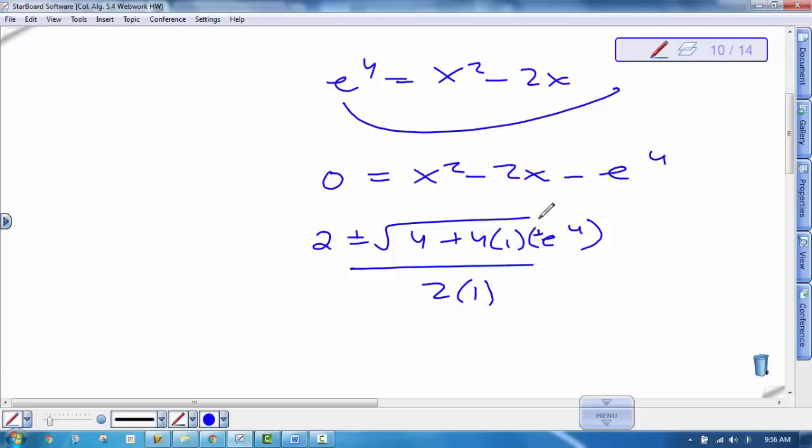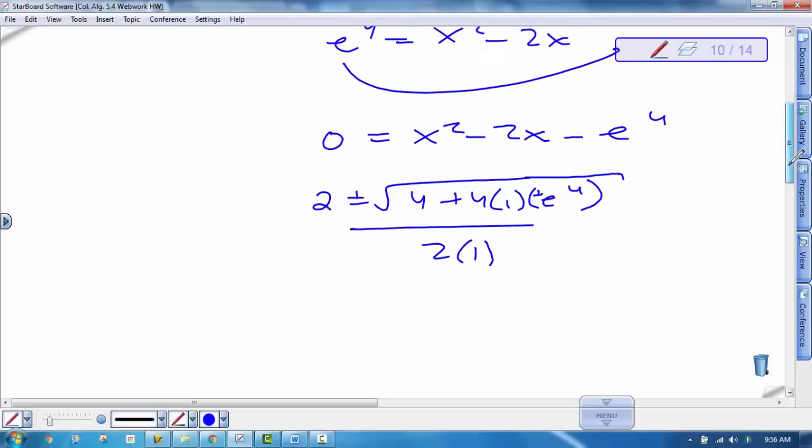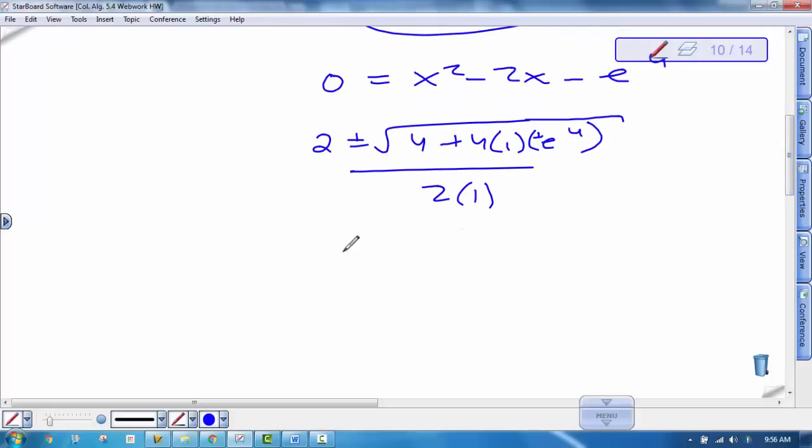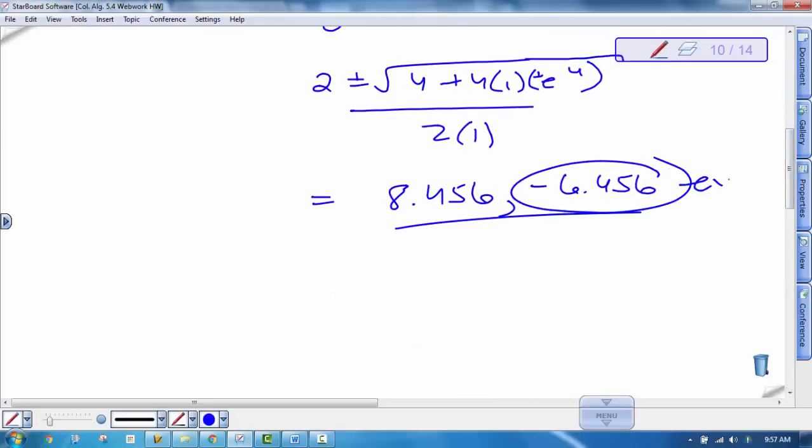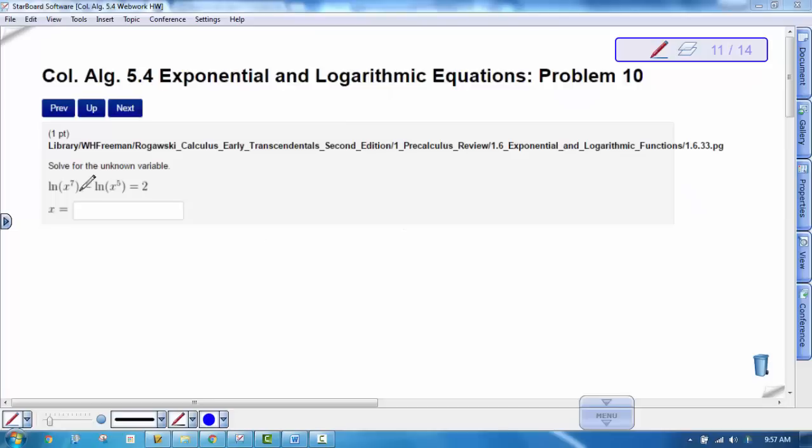Double negatives go positive, and I end up with this right here, which I can do as a decimal, and that gives me 8.456 and negative 6.456. Now keep in mind that you want to check these. I can tell you that the negative is going to be extraneous, because you can't enter in a negative number for a log. Like I said, you can't take the log of a negative because that'll give you an error.